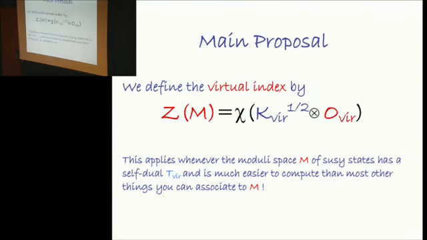And so our main proposal is whenever your supersymmetric states form moduli like this, we're going to define the index by the following formula. You take the virtual half forms, the square root of the virtual canonical bundle, tensor with the virtual O, and take the ordinary Euler characteristic of that.